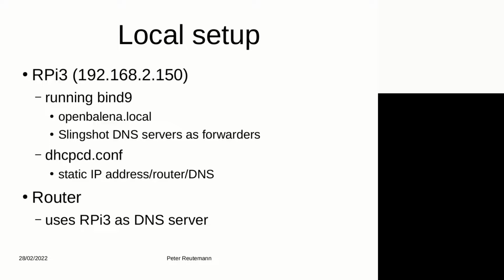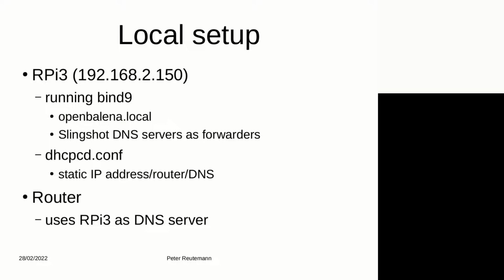And for actual DNS resolution, I just added my ISP, Slingshot DNS servers as forwarders to bind. Another thing is, since it's running on my internal home network, I added to DHCP on that Raspberry Pi that it's using a static IP address, router, and DNS entry.